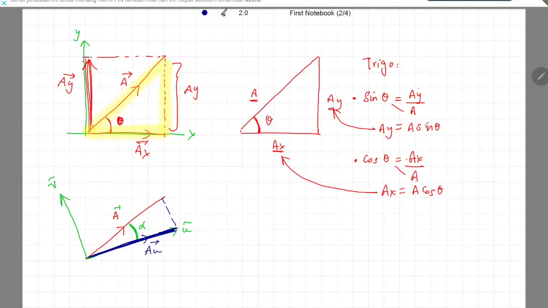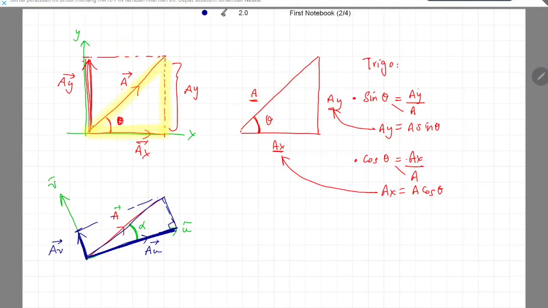Let's call this AU. And if I project this over here, this would be my AV vector.